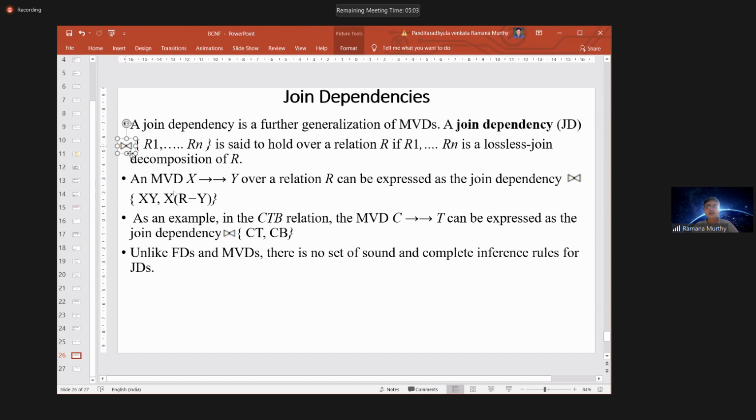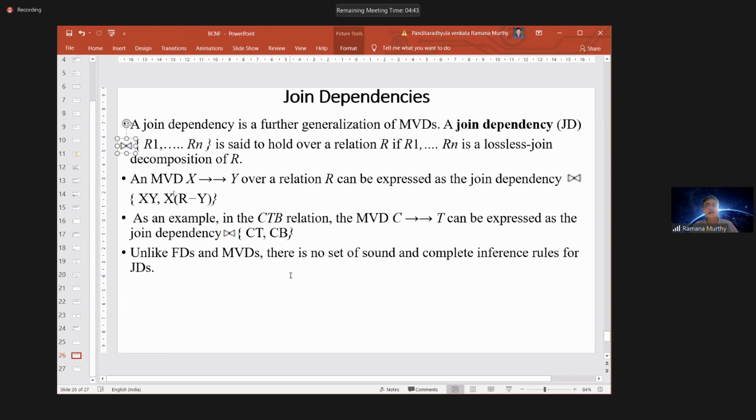If you join these two tables CT and CB back into CTB, you have to get our original CTB table. You need to get back our CTB table.